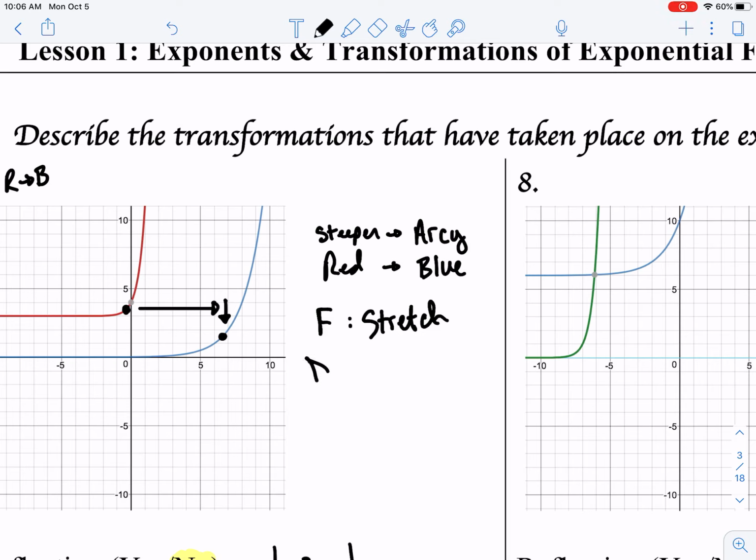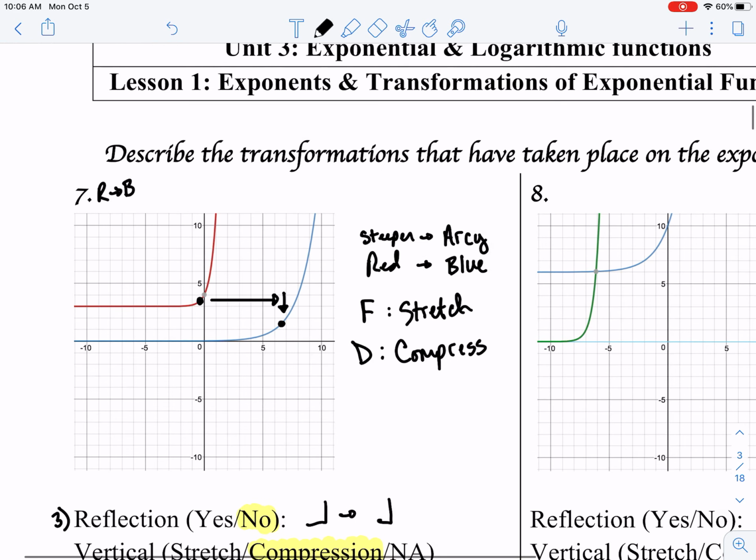If it increases or decreases really slow, it's going to be a compression. Fast is going to look steeper. Slow will be a compression.